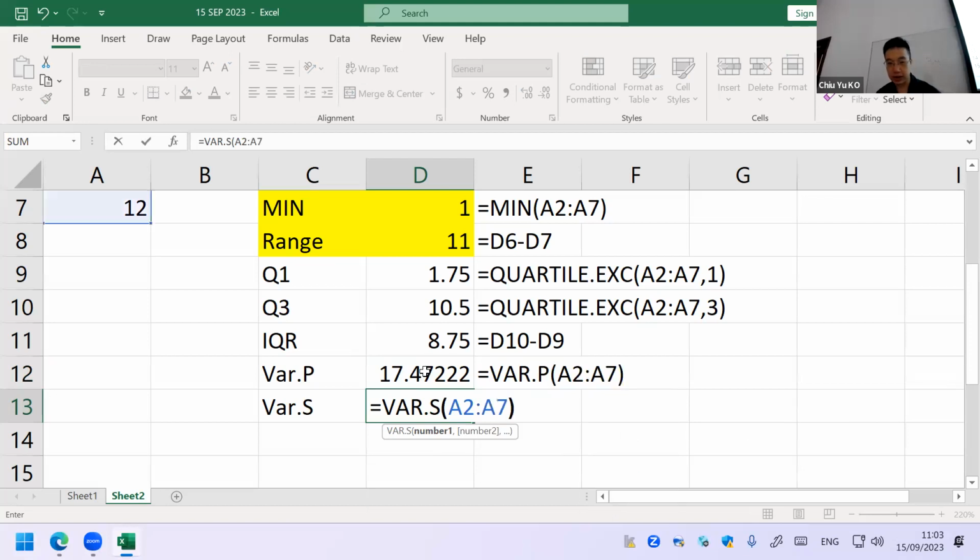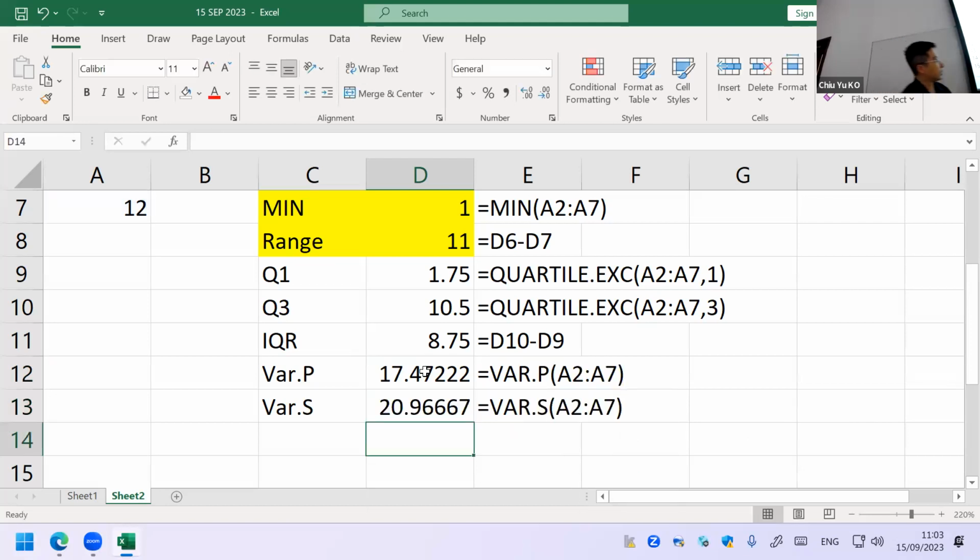There's nothing new. You can see one is divided by n, one by n minus 1. And I just want to remind you, when you are doing data work, you always use VAR.S, unless, as I said, you have all the data, like the whole population, then you use the P. Otherwise, you're only able to collect a sample, so that is the sample variance, VAR.S.